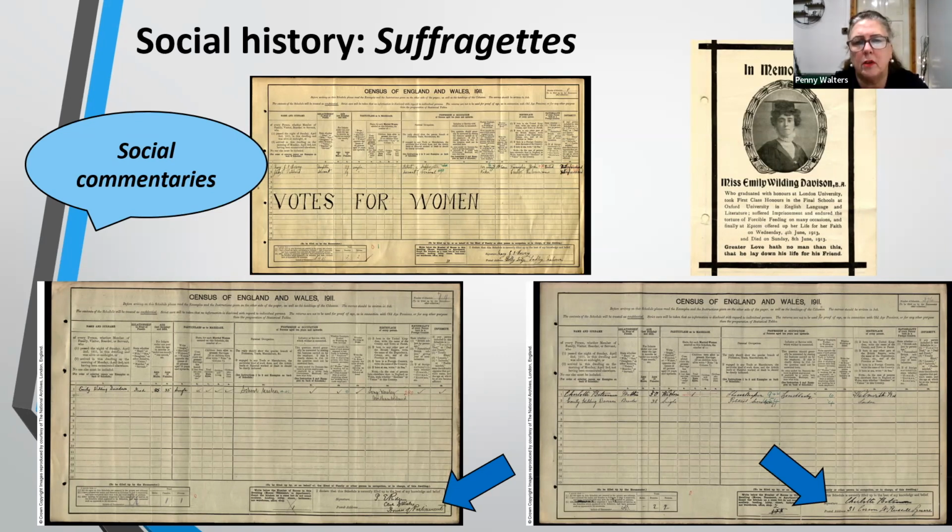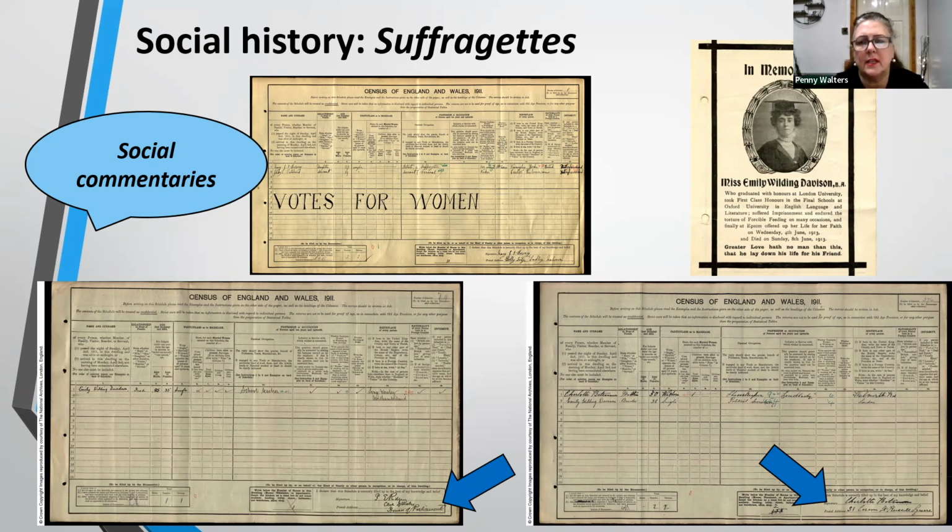Some people wrote quite rude things and refused to give their name or their address. So these were all sabotaged and filled in with various social commentaries, and quite a lot of dads and husbands did agree.